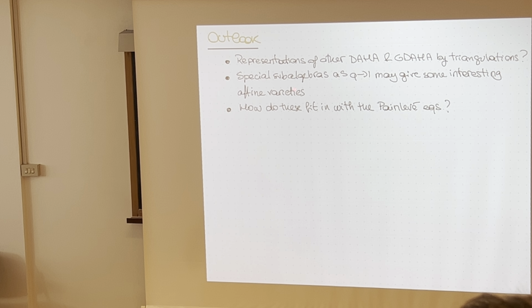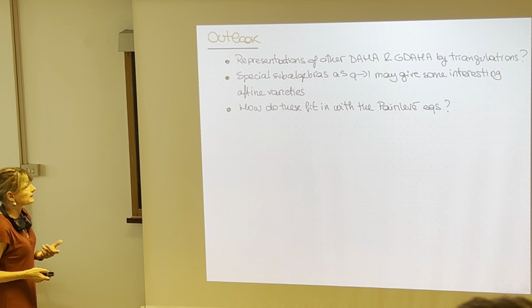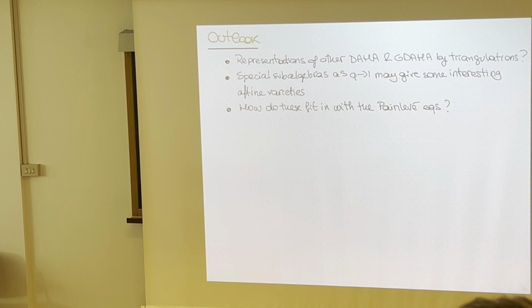And also, if you manage to do this, then I think that these affine varieties that arise as limits as q goes to 1, as centers, may be interesting in their own right. Maybe they have some properties. For example, the two I've shown you, when you quantize them, they give you some Calabi-Yau algebra. It's interesting. They may appear in mirror symmetry and so on.